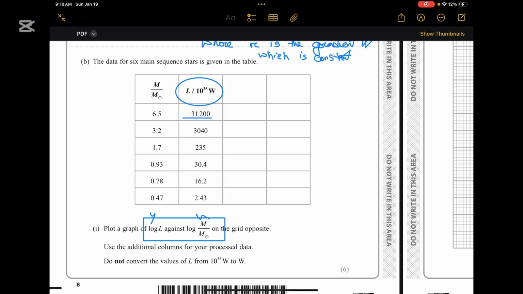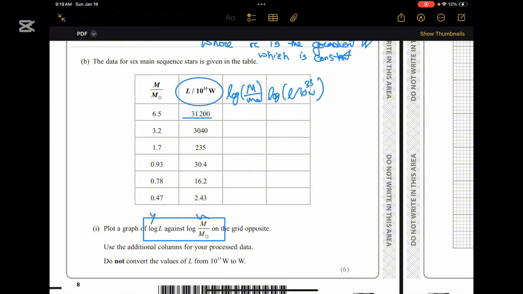Log 31,200. We have to write it like this: log M divided by M naught and log L into 10 to the power 35 watt. This is how we will write.